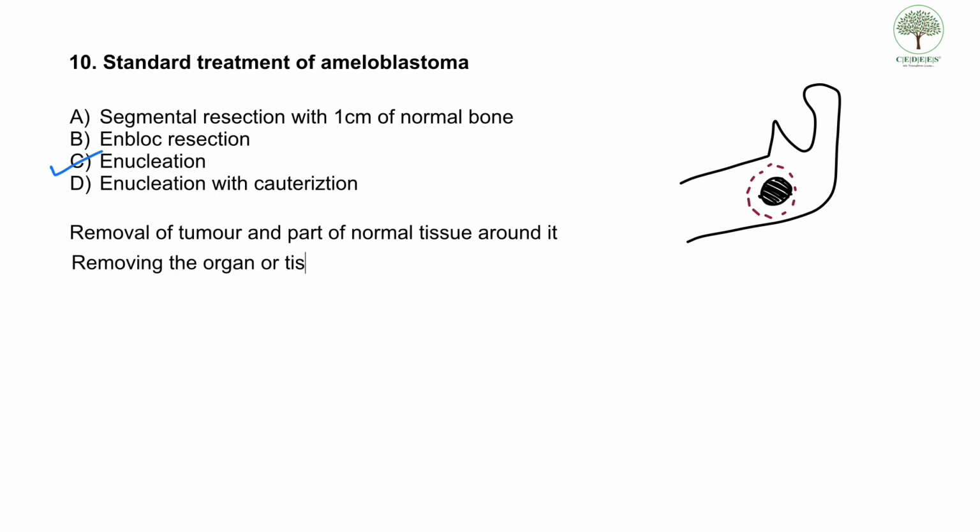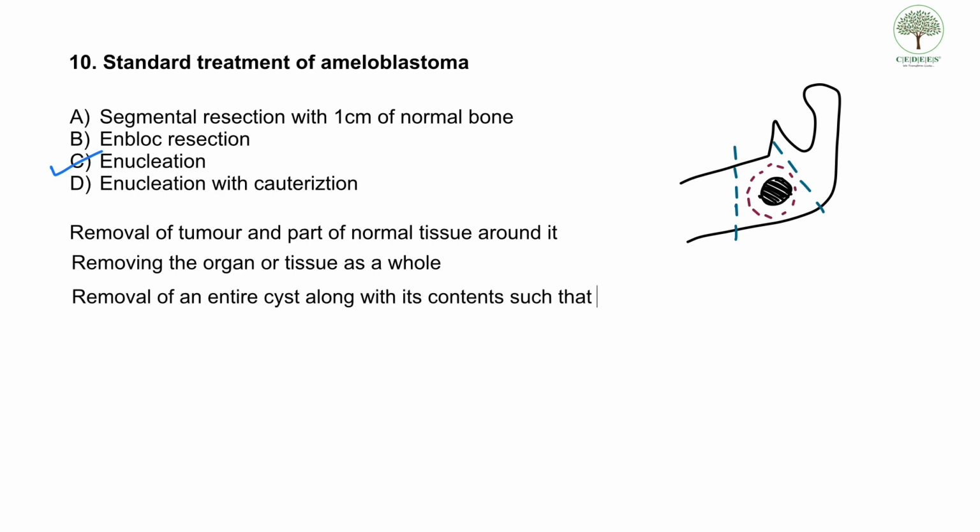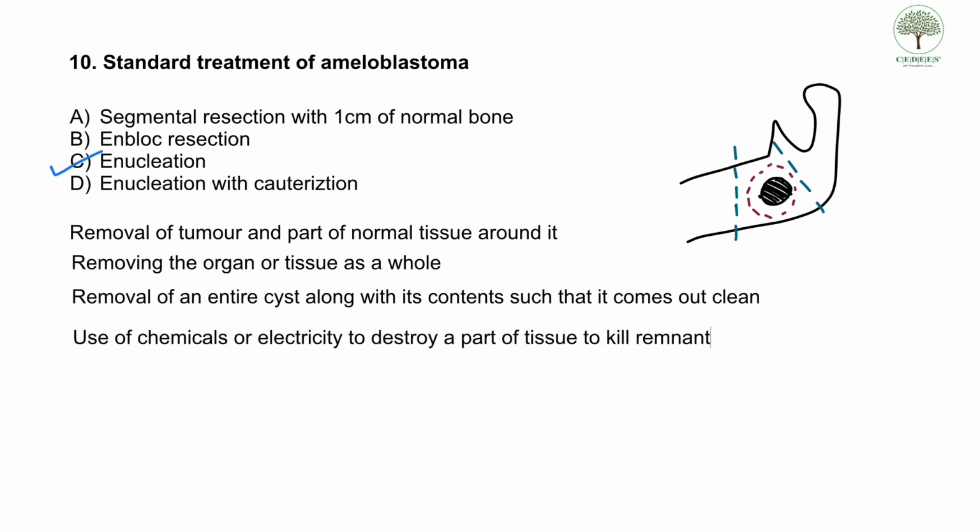Option B, en bloc resection means removing the entire organ or tissue as a whole, which is done in cases of malignant tumors. Enucleation is used in terms of cyst, where the cyst is removed along with its content as a whole so that it comes out clean. And enucleation with cauterization means that after enucleation, you use chemicals or electricity to destroy parts of tissue, to kill any remnant tumor cells and to seal the blood vessels and stop bleeding.